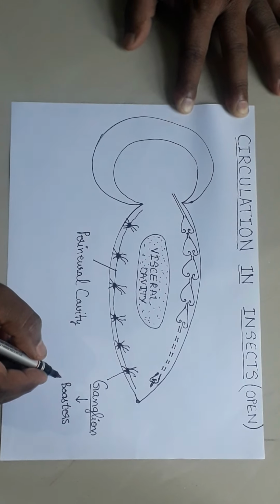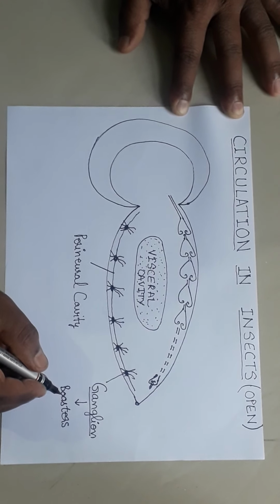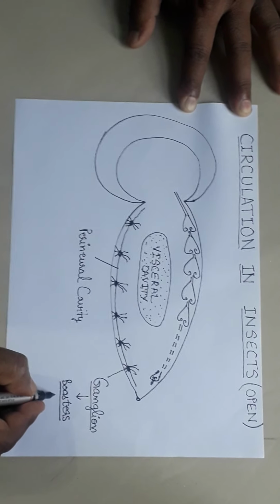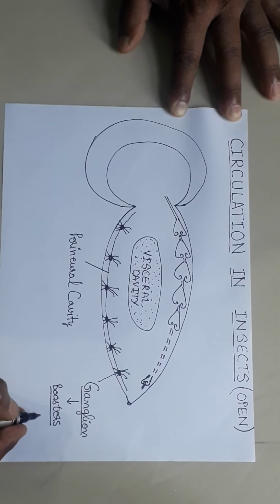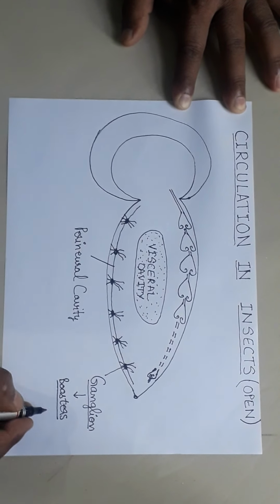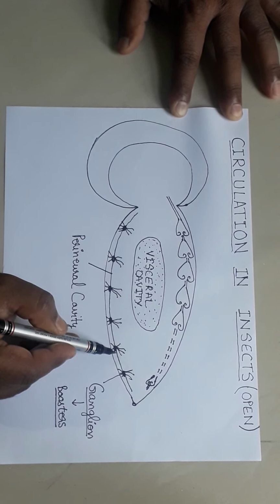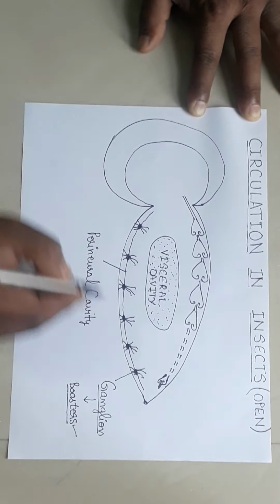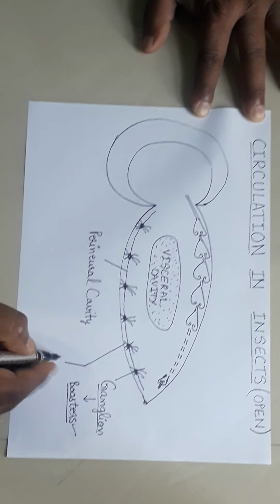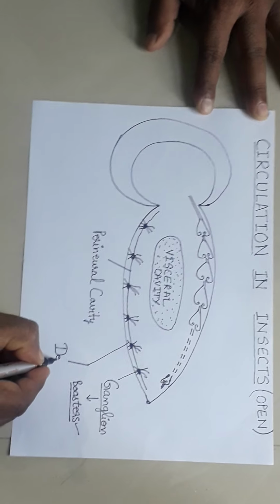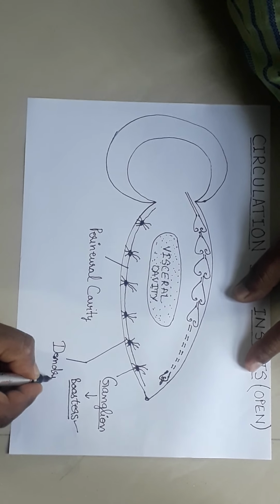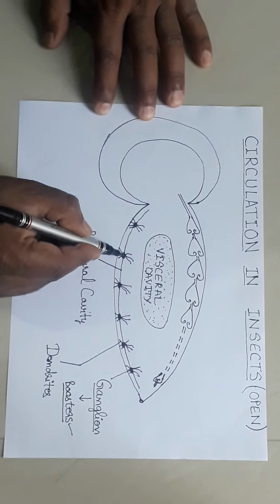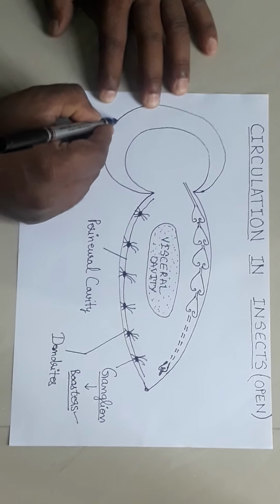Just like with a cable connection at home, the cable operator inserts boosters after an interval of distance, so that the transmission of the signal is clear. In the same way, after an interval of distance there are ganglions acting as boosters, and these are the dendrites, thread-like structures. They hold the impulse from the surroundings and provide it to the ganglions, and finally it is transferred to the head sinus.